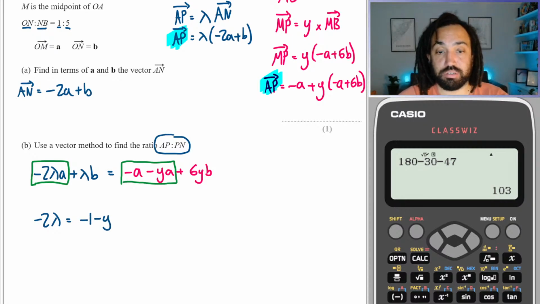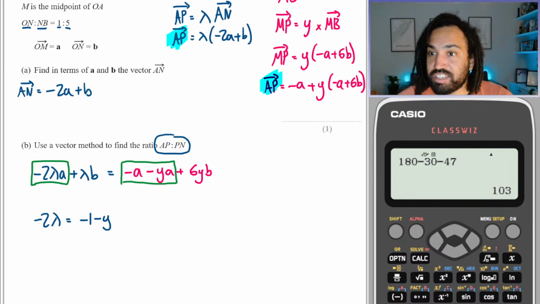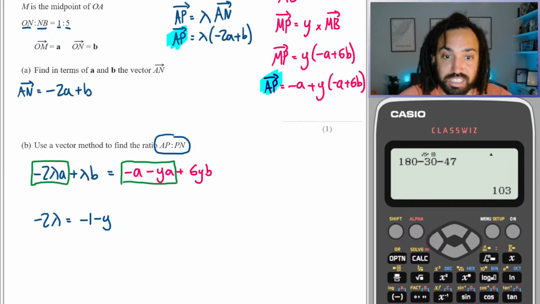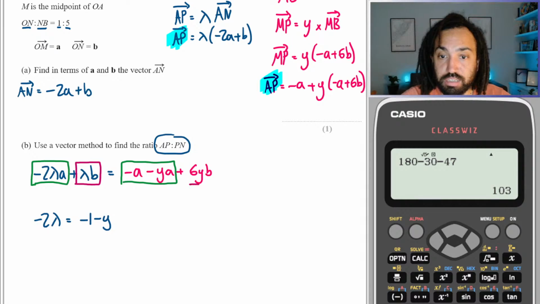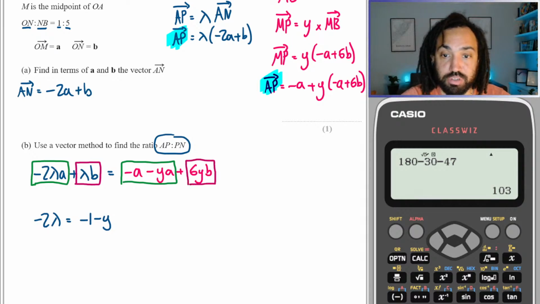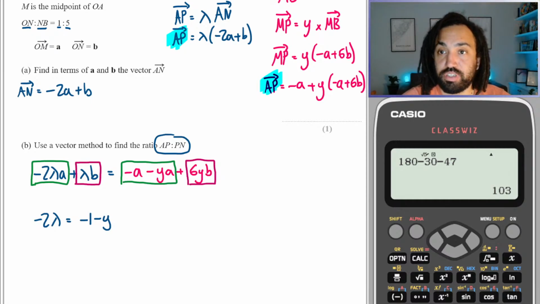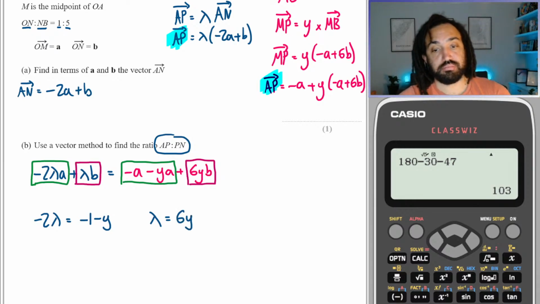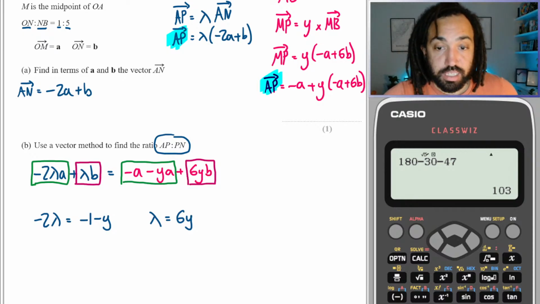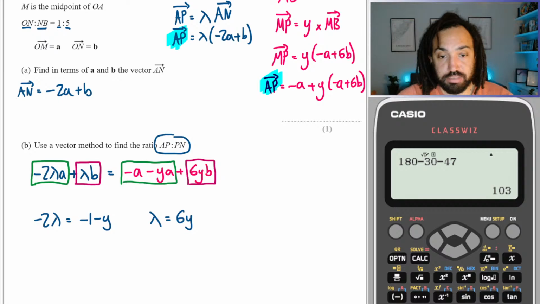That's how many A's there are on the right. Now, by the same logic, the B's as well must be the same on the left and the right hand side. So on the left we have lambda, and on the right we have 6y. And now it's just a case of solving these simultaneously.